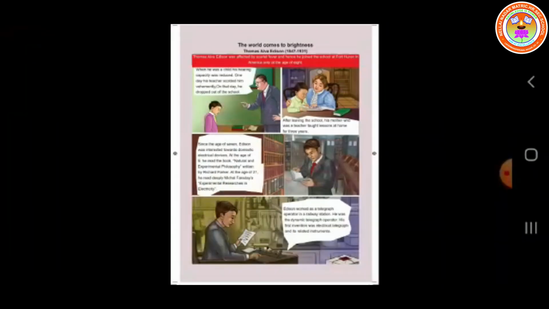And the next one is an interesting fact about Thomas Alva Edison. You know well, he invented so many electrical appliances. Thomas Alva Edison was an American scientist and industrialist. He invented many instruments like the electric bulb, electric motor, gramophone and kinetoscope.